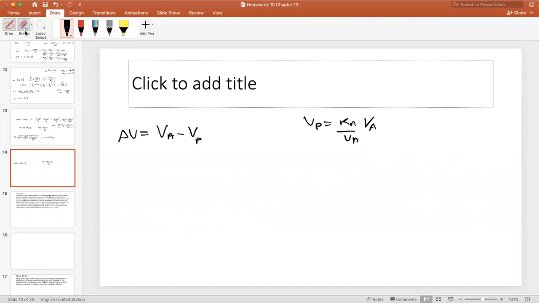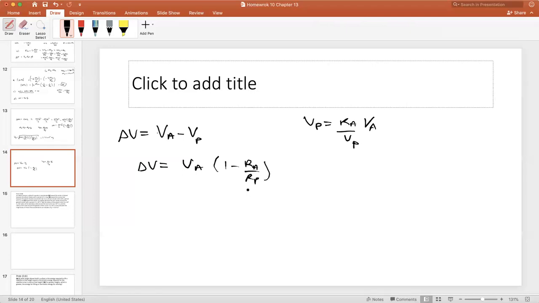Man, I am not able to talk today. Sorry, everybody. So delta V is VA times 1 minus RA over RP.